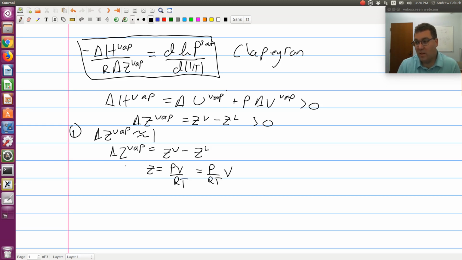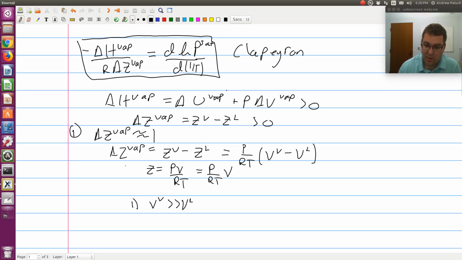We can think of this two ways. I could take this expression and write it as P over RT times V vapor minus V liquid. So if I assume, first, that the molar volume of my vapor phase is much greater than the molar volume of my liquid, then we assume that VV minus VL is approximately just equal to VV.